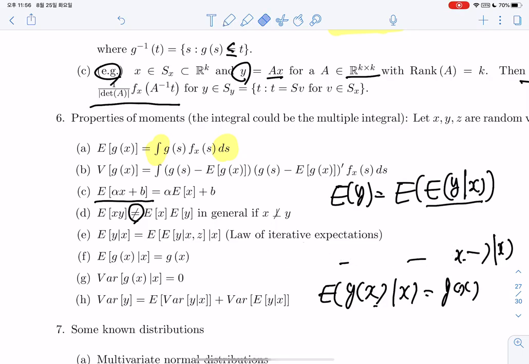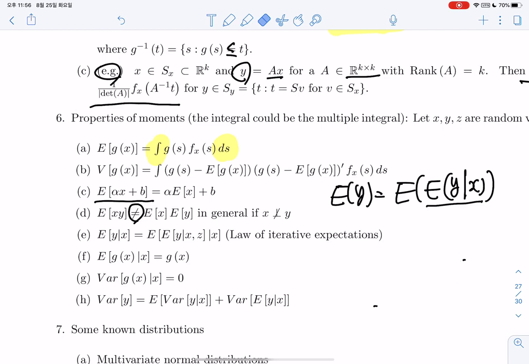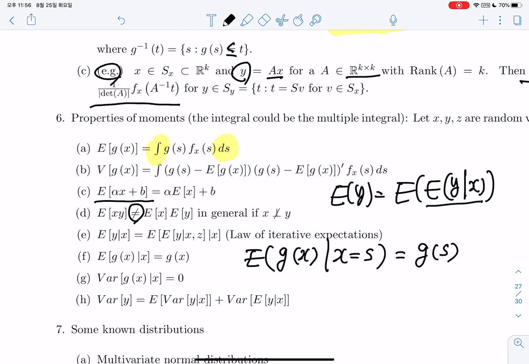Actually, this notation may be a bit tricky for you. So it means the expected value of g of x given x is, let's say, s, is g of s. Okay, that's what this means.